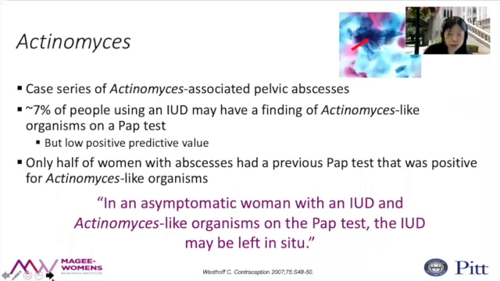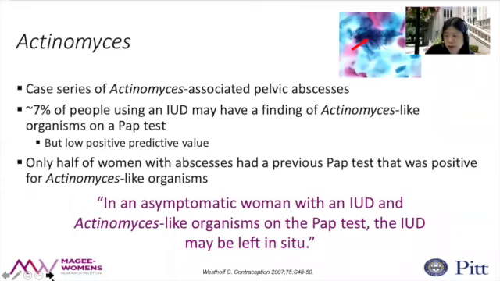Next slide. So I'm sure many of you have also received Pap smear results that say that the cytology sees actinomyces. Actinomyces is an anaerobic gram-positive bacilli, which is an opportunistic pathogen and has been reported in case series to cause serious pelvic abscesses in IUD users. They look like woolly clumps on the cytology slides, as you can see in the image in the corner.